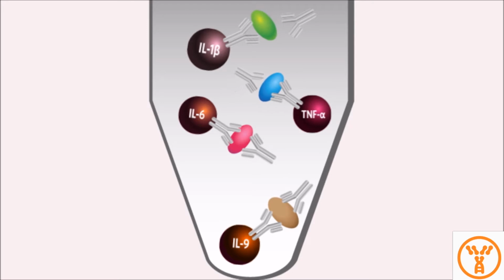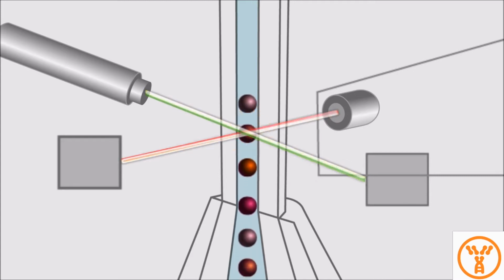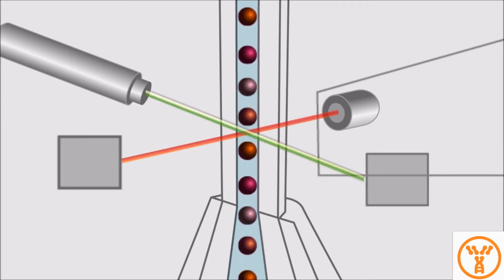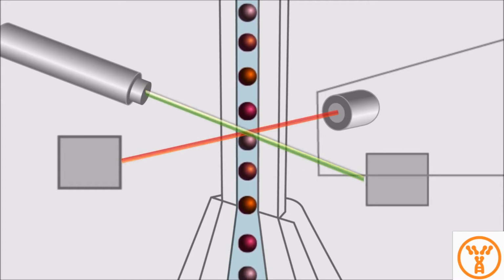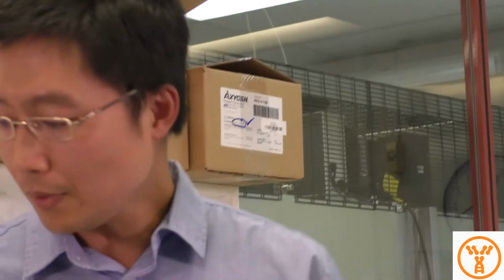In the following step, fluorescently labeled detection antibodies are added to the beads. These beads are then passed through a detection instrument. By measuring the fluorescence intensity of these detection antibodies and referencing it to each bead color, one is able to easily determine the cytokine concentration in your sample.